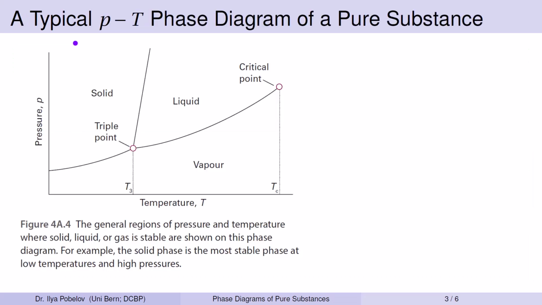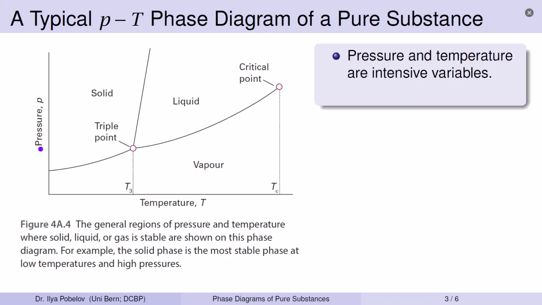Now, let's look at a typical PT phase diagram of a pure substance. Both pressure and temperature are intensive variables, which means they don't depend on the amount of substance present. For any system, we can externally set specific values for both pressure and temperature.